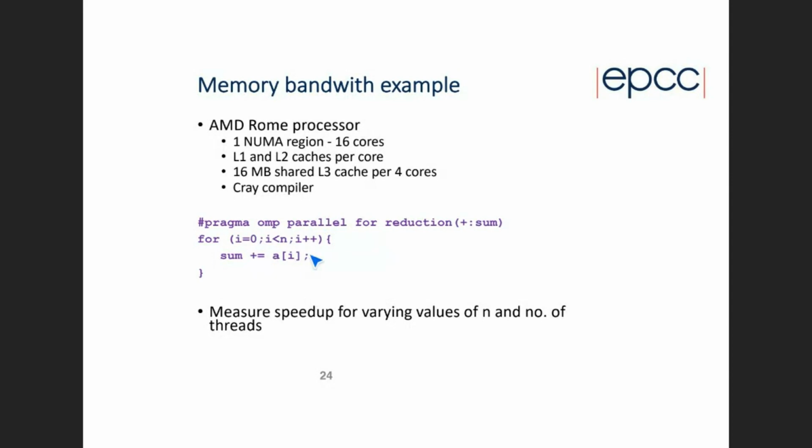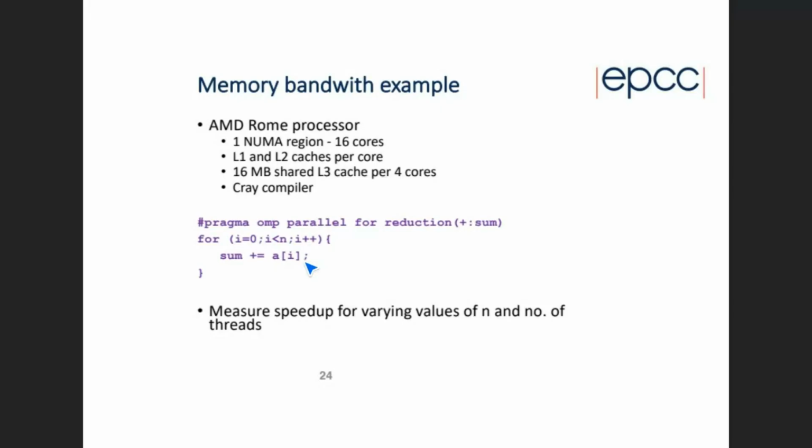That's the important thing here. So what I did was run this for different values of n, from small arrays up to very, very big ones, and then see how much speedup I get by varying the number of threads that are executing.